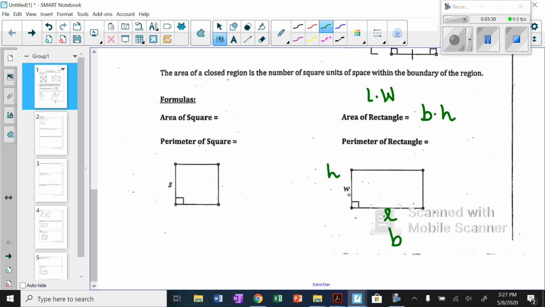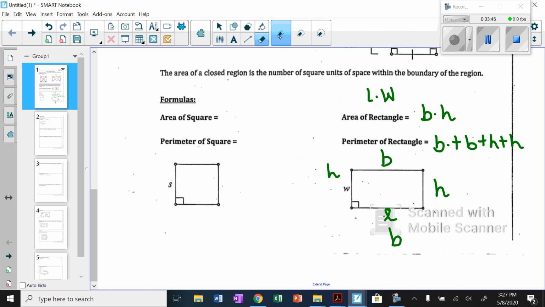We're literally adding all the sides. Top and bottom are the same and left and right are the same. So the perimeter is going to be base plus height plus base plus height, or 2 base plus 2 height.